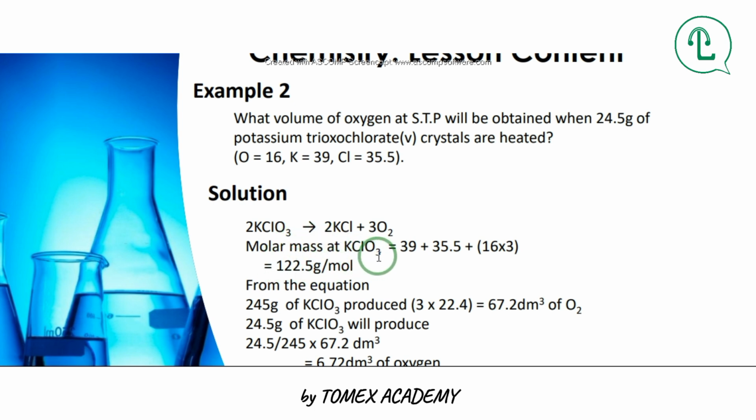The molar mass of KClO3, we are going to calculate using the respective atomic masses. So we have 122.5 gram per mole. But in the equation of reaction, we have 2 mole. So we're going to multiply this 122.5 by 2. So we're going to have 245 gram.